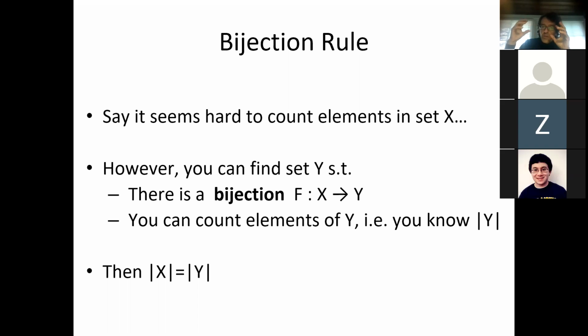So if you count Y, if you can enumerate them from first to last, let's say there's n of them, then because a bijection is invertible, when x is mapped to y, that also means there is a bijection, the inverse of f, from Y to X. So this enumeration from first to nth of all the Y elements creates an enumeration of all elements in set X, and therefore there must also be n elements in set X, or otherwise it wouldn't be a bijection, right? If anybody was missed, or if everybody was counted twice.